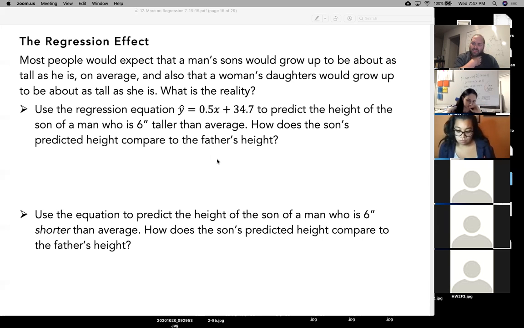If an X is above average, the corresponding Y will be, okay, let me try that again. Hold on.